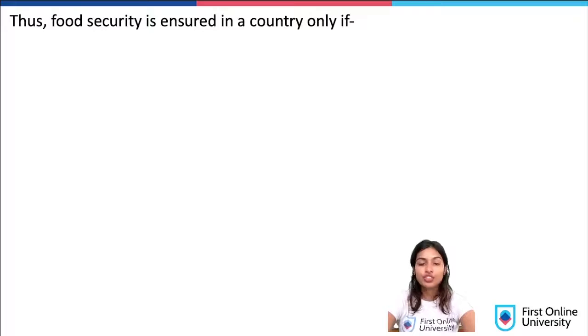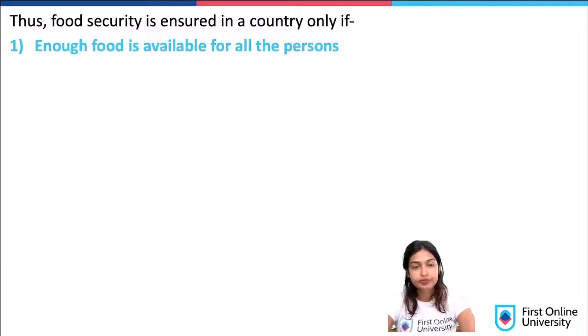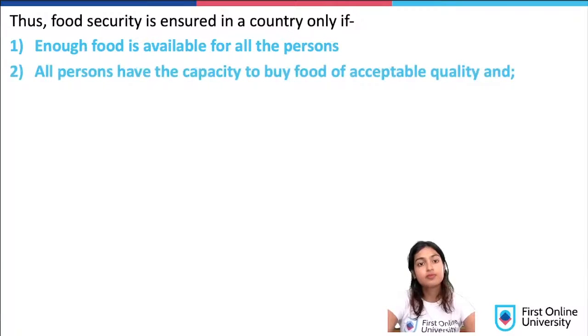Thus, food security is ensured in a country only if, first, enough food is available to all persons and is easily accessible. All persons have the capacity to buy food of acceptable quality. That means whatever food is there should not be of bad quality, because ultimately that is going to hurt the people themselves.